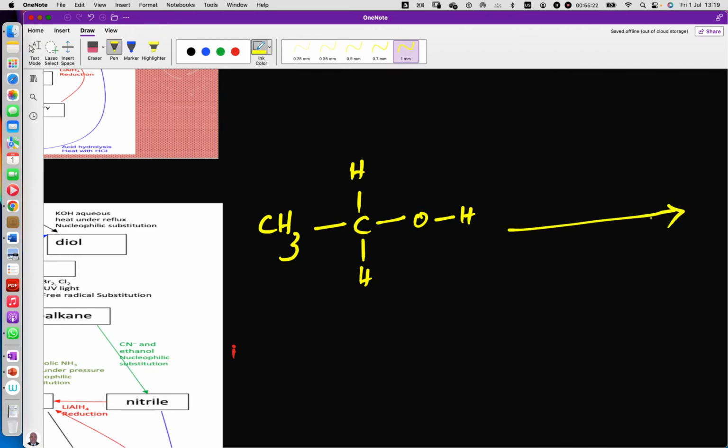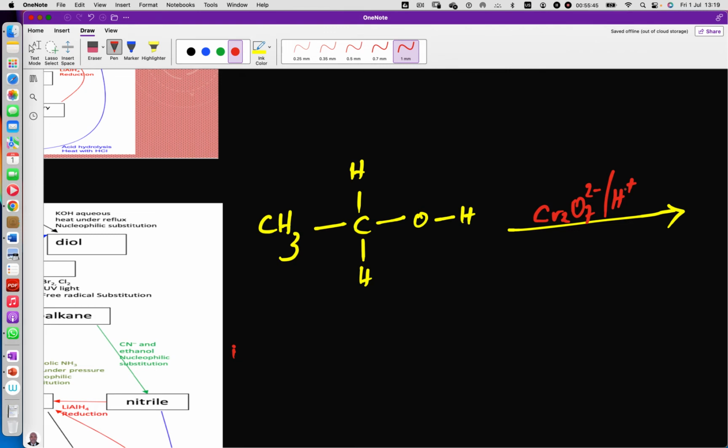Now ethanol is undergoing oxidation. We said the oxidizing agent is acidified potassium dichromate, Cr2O7 2 minus.